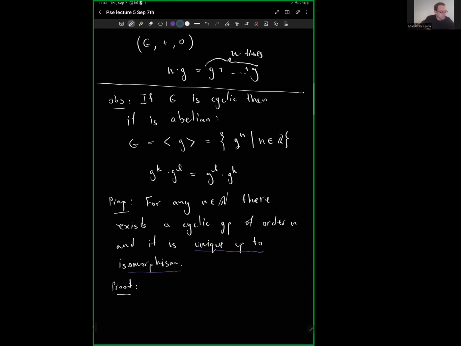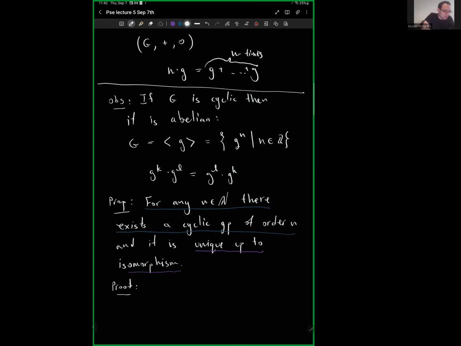So the blue part, why is the blue part true? Because of Cauchy?